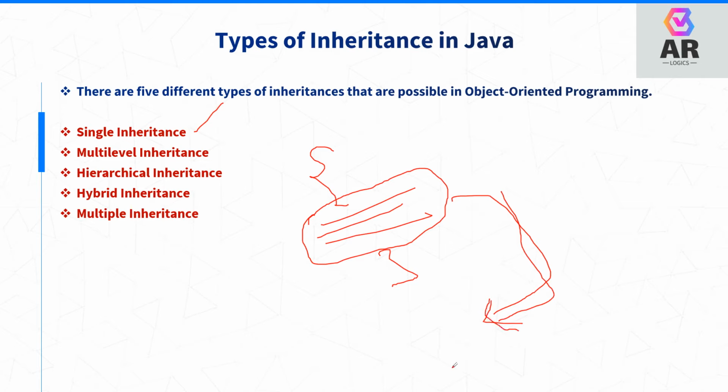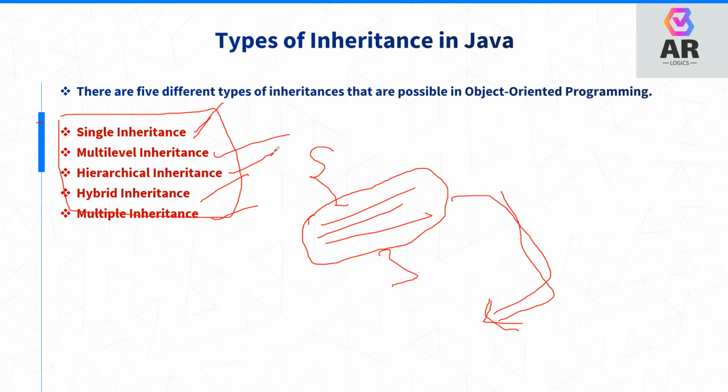This is called inheritance. The purpose is reusability of the code. How many types of inheritance? Single, multilevel, hierarchical and hybrid inheritance. We can use up to hybrid inheritance.